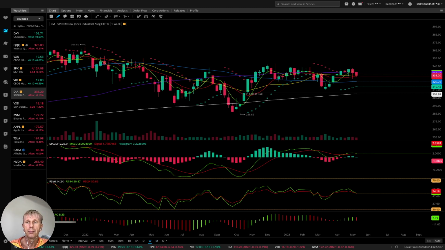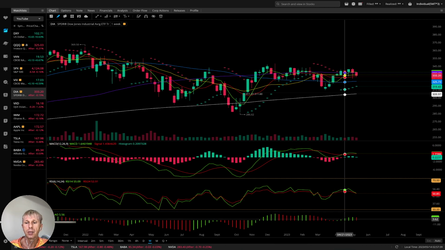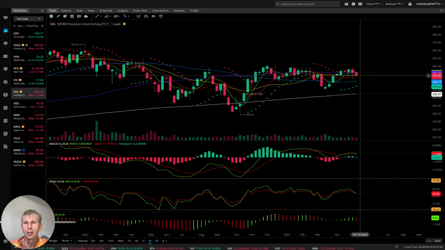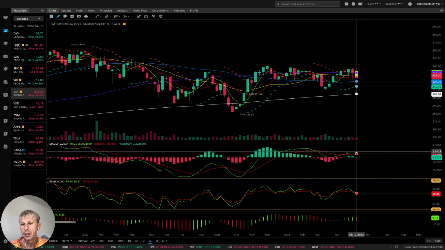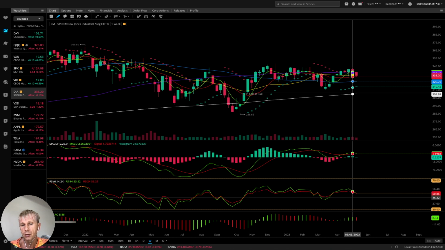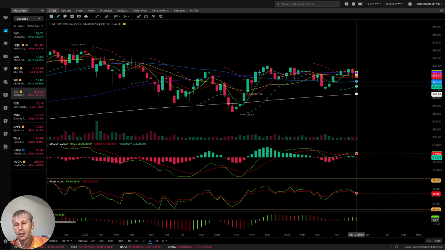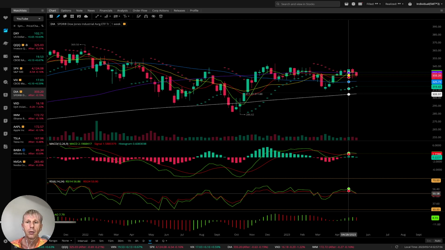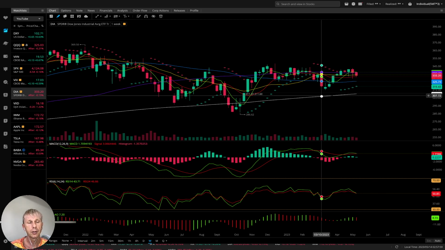Weekly time frame, it is fully bullish except Awesome Oscillator bullish signal. Actually last week it was a red bar, and MACD is ready for bearish crossover, Fibonacci ready for bearish crossover, and Awesome Oscillator already changed color to red. Dow is kind of weak, it wants to have some correction.